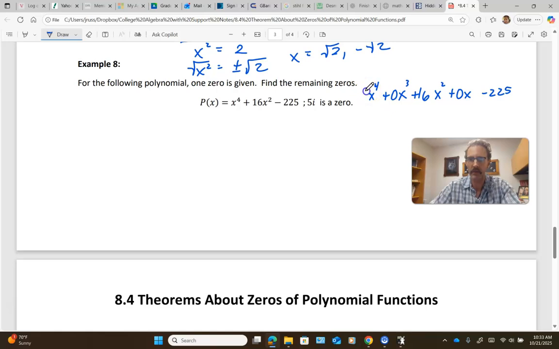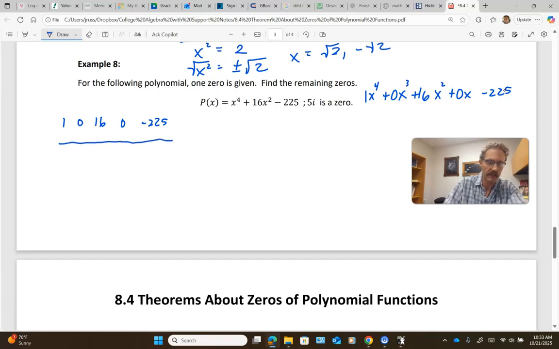Now when I go to write out my row of coefficients to do my synthetic division, I'm going to have some zeros in there. And I first want to verify that 5i is a zero. Okay, so we're going to run through the same synthetic division algorithm.